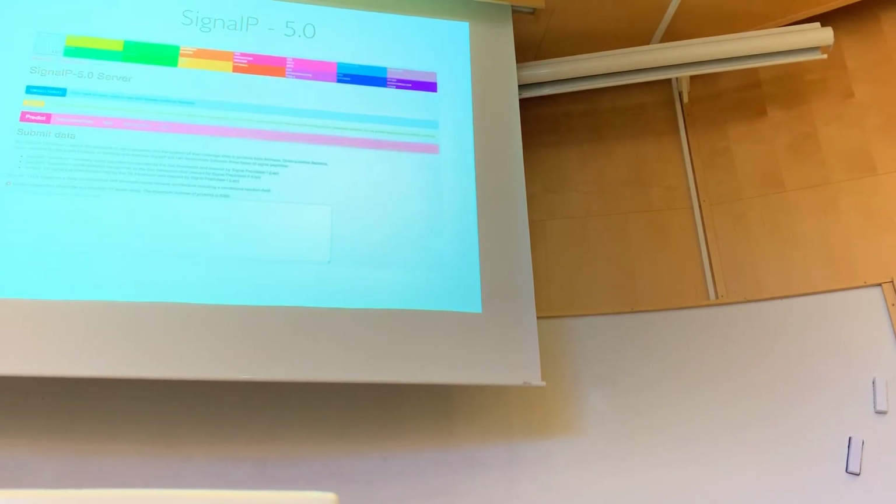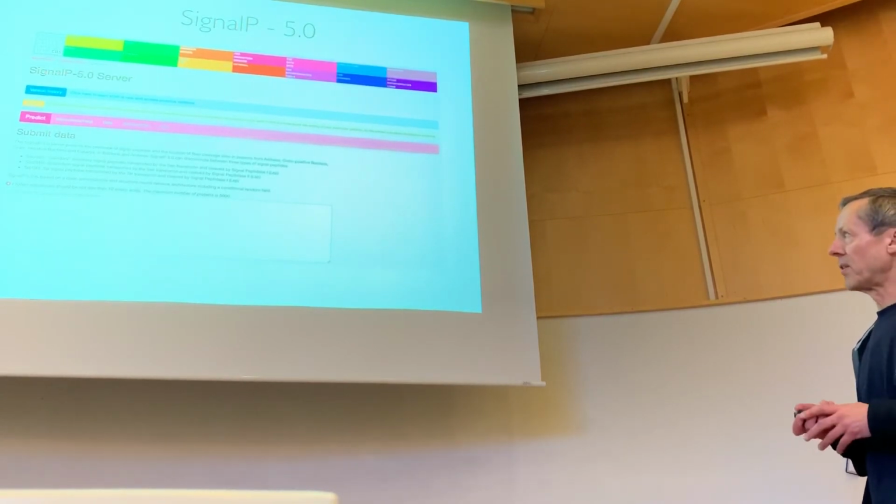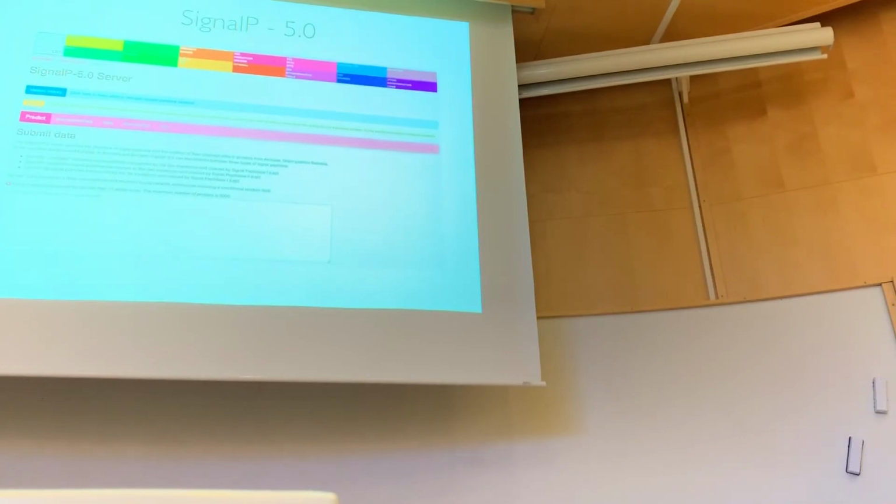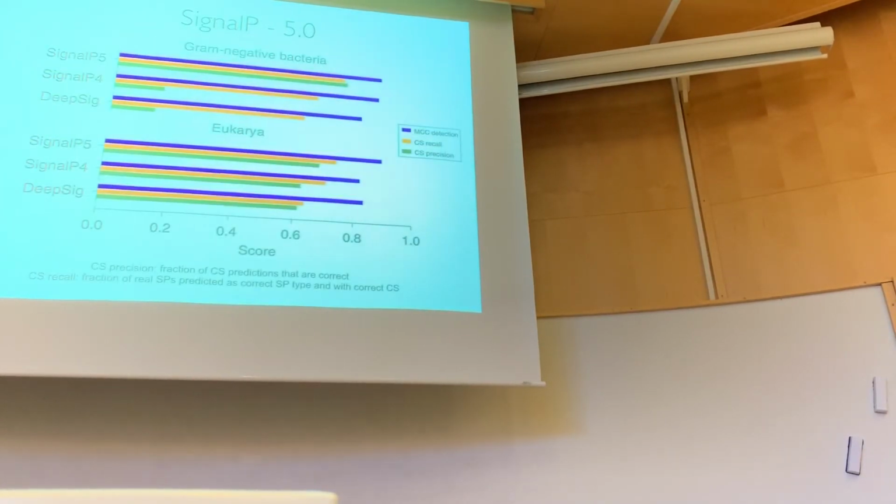But the basic user interface looks almost identical to all the early versions. You basically just paste in your sequence and run it, or you paste in a set of sequences and run it.